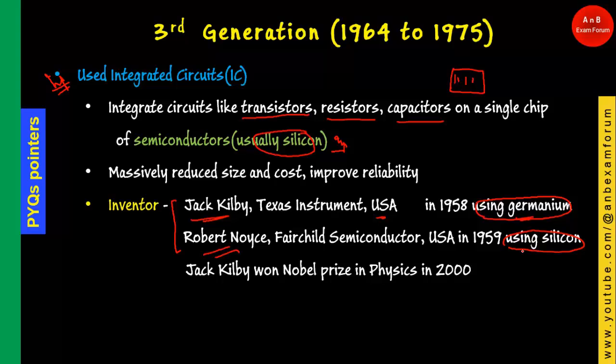But Jack Kilby won the Nobel Prize in Physics in 2000. Okay, in the year 2000, even though he developed it in 1958. So after so many years, he won the Nobel Prize, because there was a lot of confusion about who developed the first IC, either Jack Kilby or Robert Noyce.